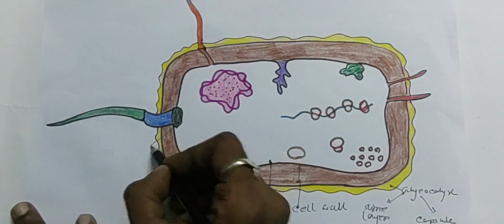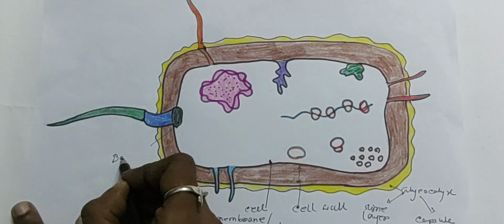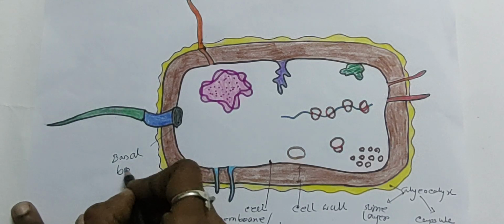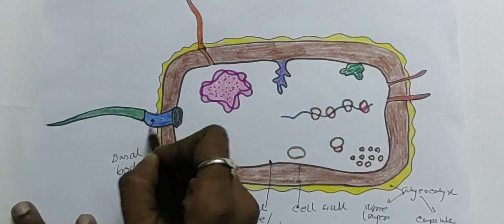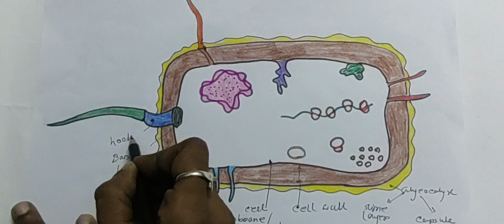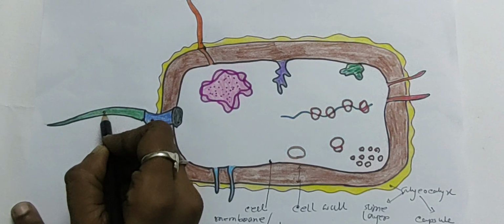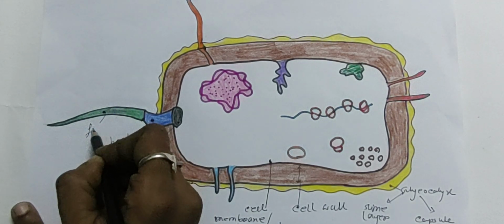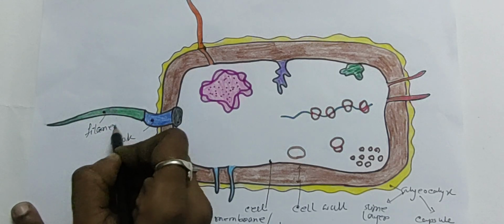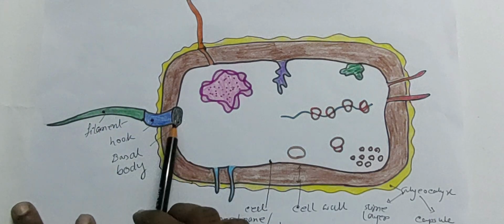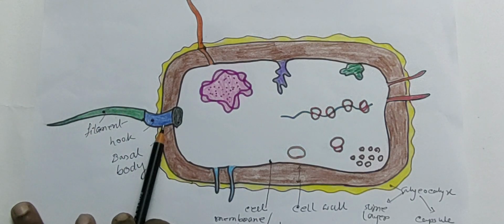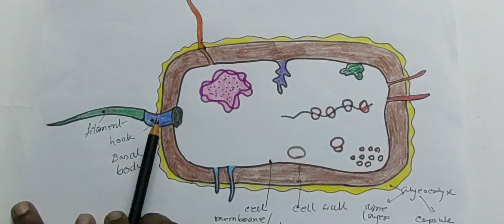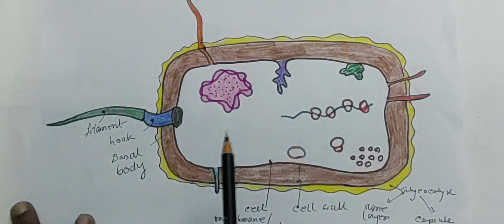This is the basal body, this part is called the hook, and this is the filament. So flagella is the locomotory organ of the bacteria. Bacteria possess flagella for their locomotion.